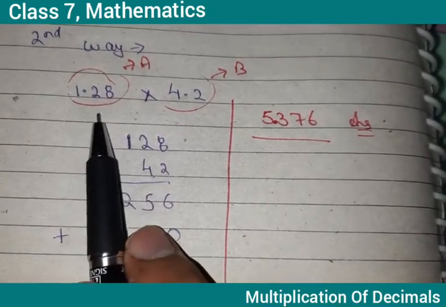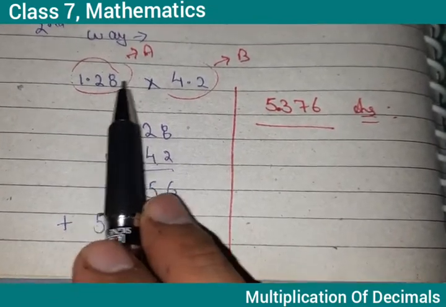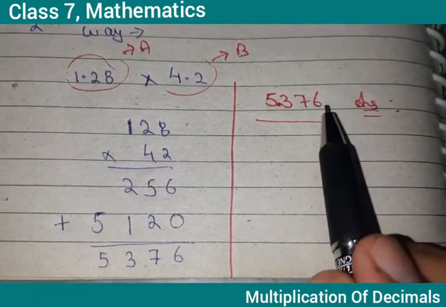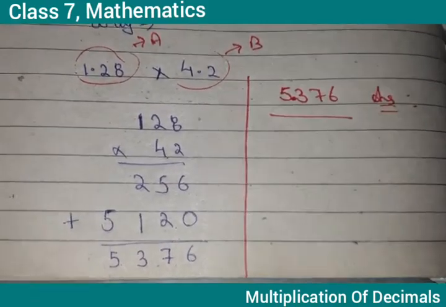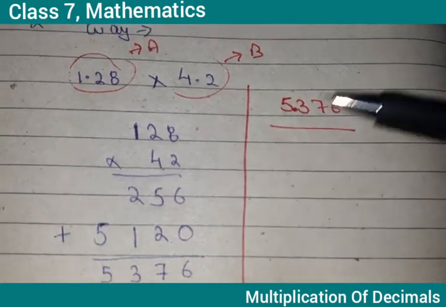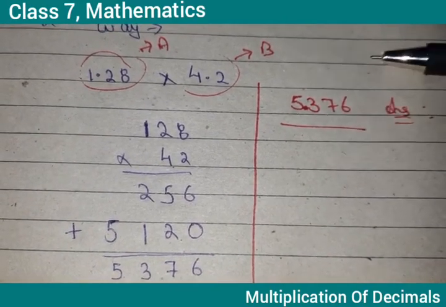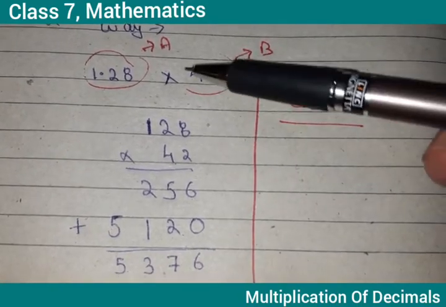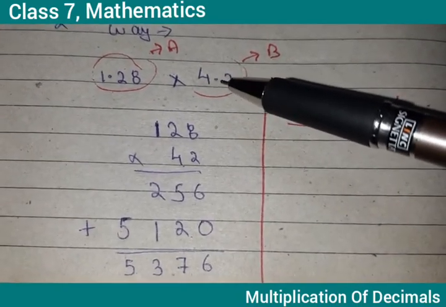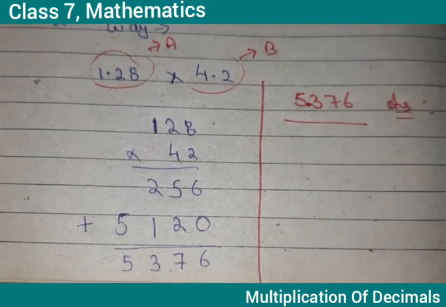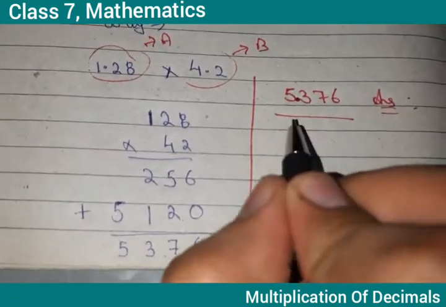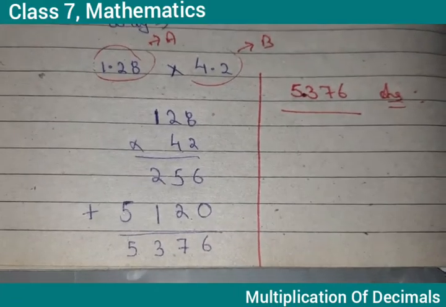Now we should place a decimal point in the final product such that the number of decimal places is equal to the sum of decimal places of the decimals multiplied. Since there should be 3 digits, 1, 2 and 3, start counting from the right hand side and go towards the left. That means from the extreme end, go this side. So total digits after decimal should be 3, 1, 2 and 3. Place the decimal here, 5.376. This will be the final answer.